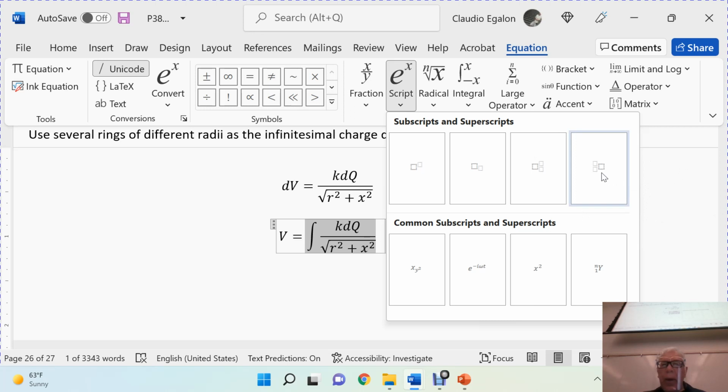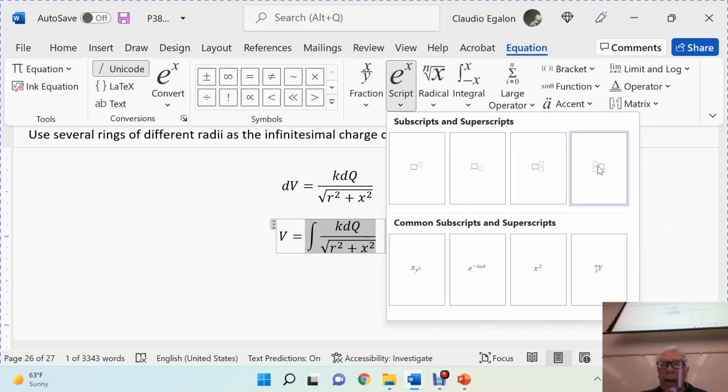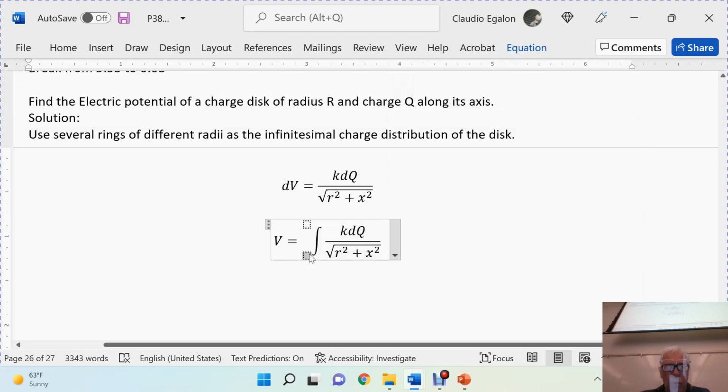Well, there's nothing much I can do about that. Yeah, I gotta use this one here. I gotta integrate over the charge Q of the disk. The K can be taken out of the integral.